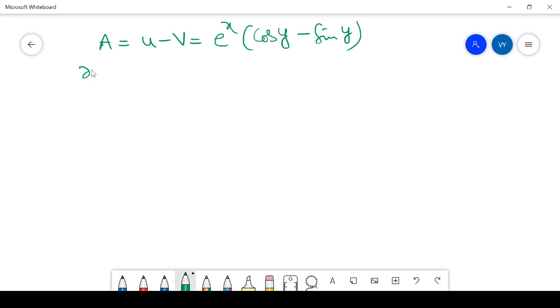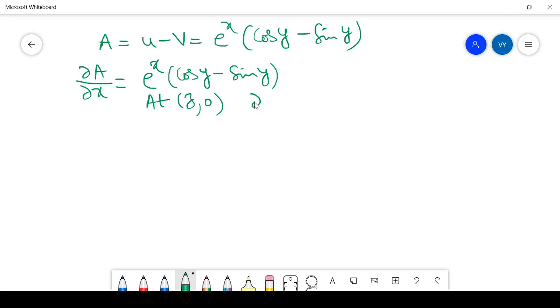Now I calculate ∂a/∂x. ∂a/∂x will be e^x (cos y − sin y). At (z, 0), ∂a/∂x will be e^z into 1.